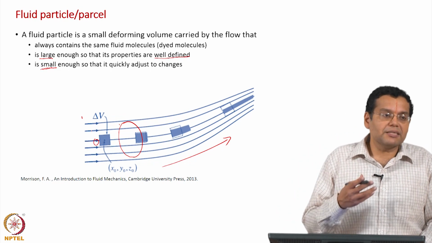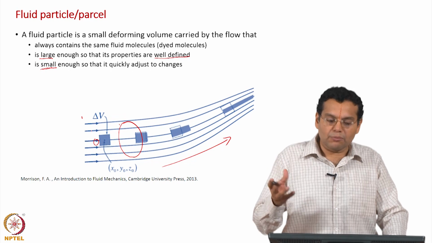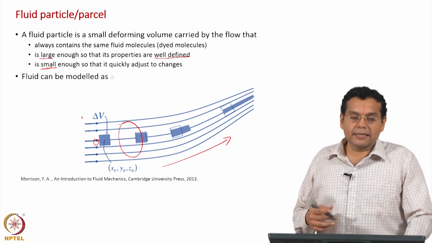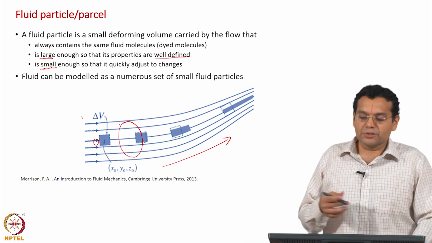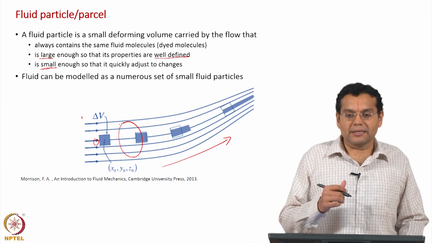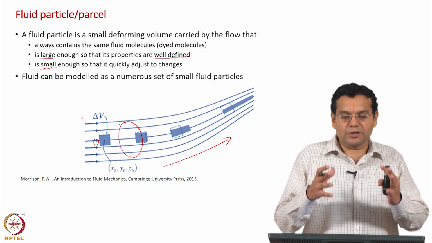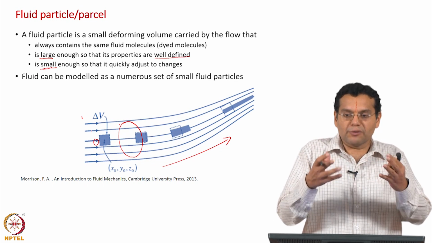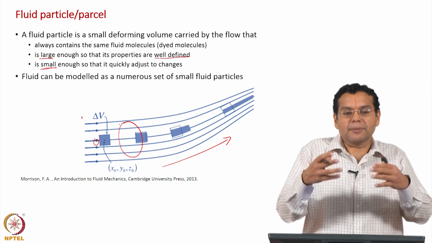So, you can imagine this fluid particle as made up of a large number of fluid molecules, and you can imagine the fluid to be modeled as a numerous set of small fluid particles.